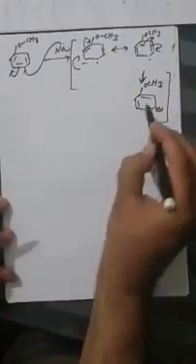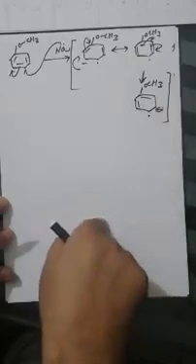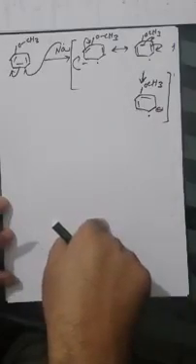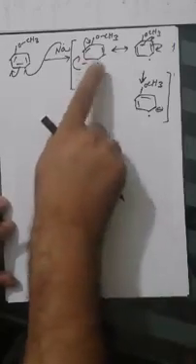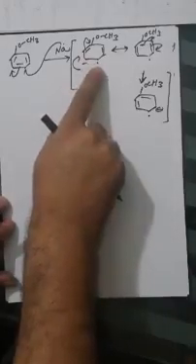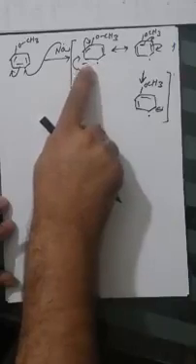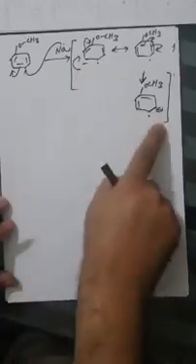Now we have three resonance structures. Which resonance structure do you think is more stable? This resonating structure is quite unstable, as the electron and negative charge are quite close to each other, the same as this.